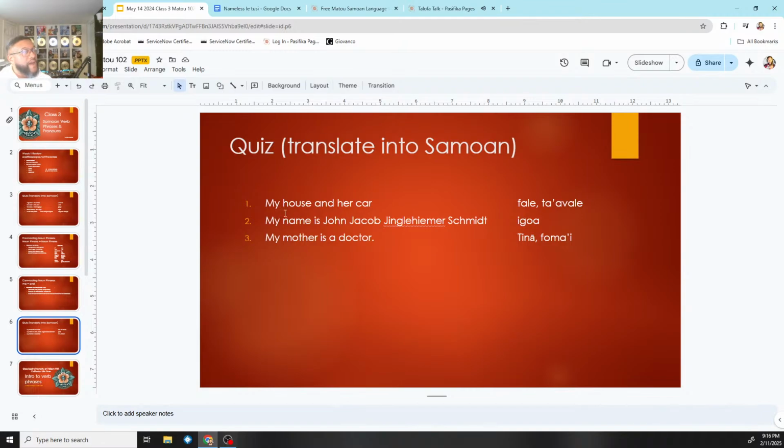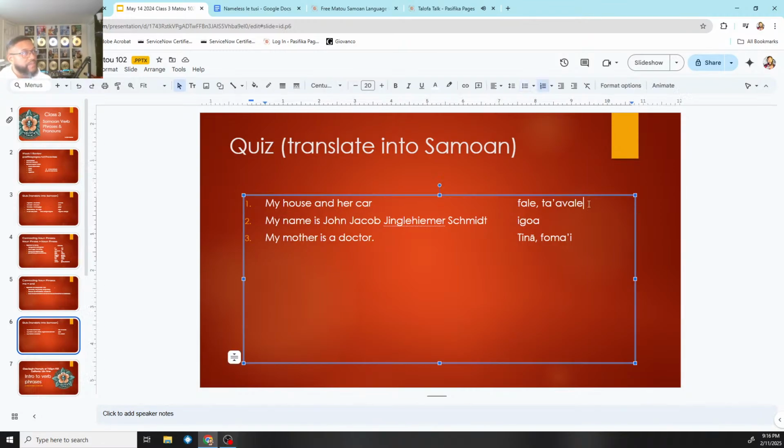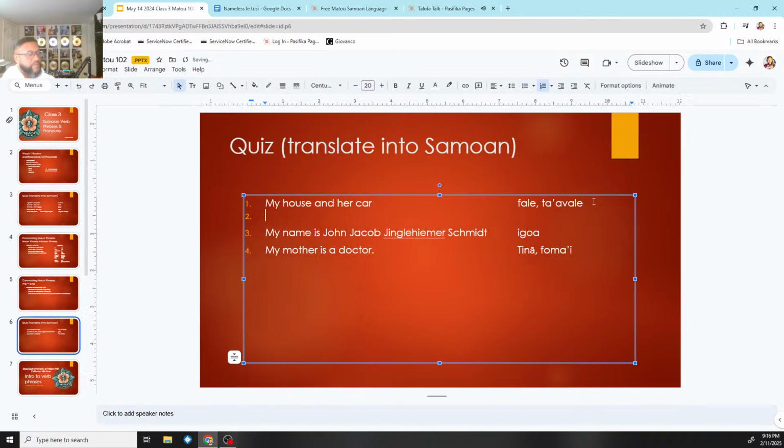So my house. We already know that we're going to start with the o, right? My is lo'u. And then a house right there, we have fale. O lo'u fale.